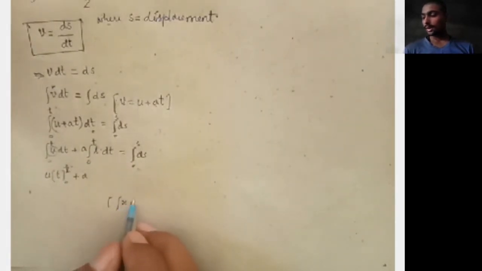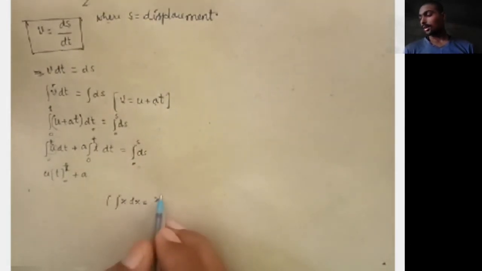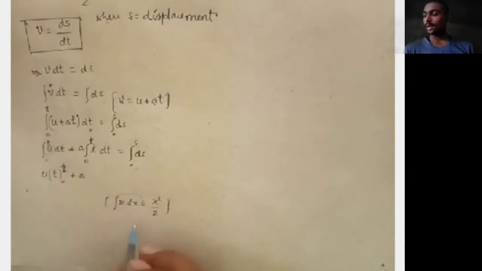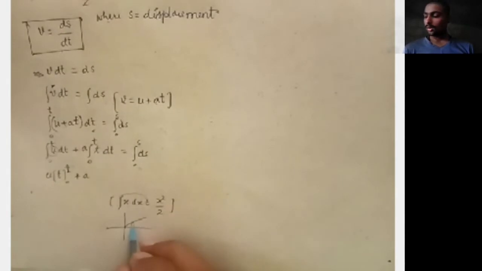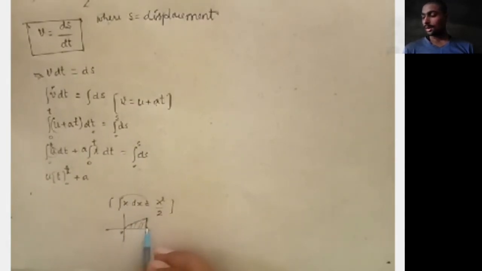Integration of x dx is x square by 2, because integration tells us the area under this curve. This is the y equal to x line, so this is the area from 0 to x. If this is the y equal to x line, then at x, y will also be x.